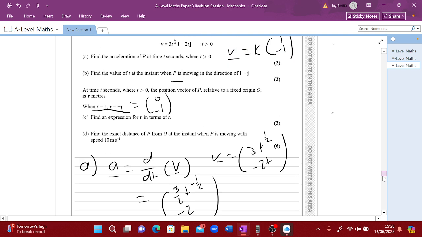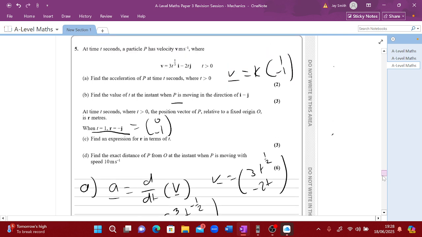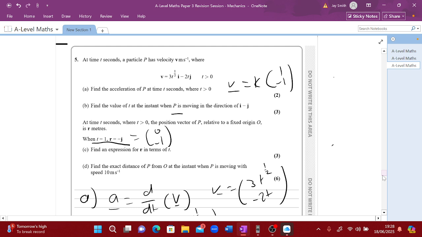So we need the distance from P to O. Like I said earlier, I think at the first question, when we have variable acceleration, the displacement vector r is now giving us the position vector.